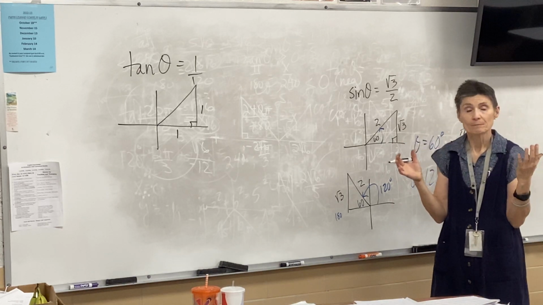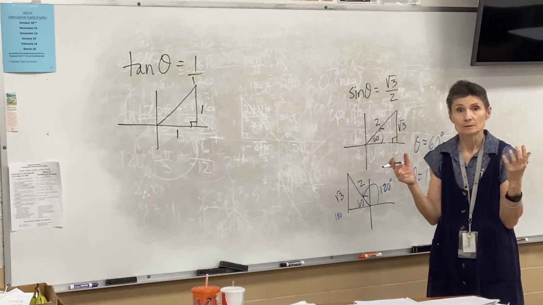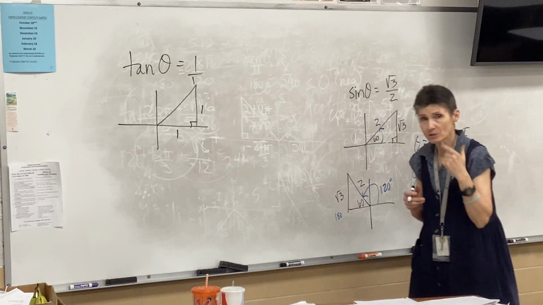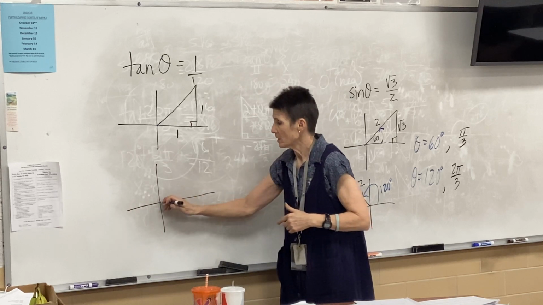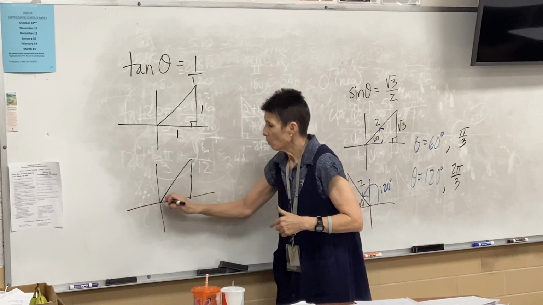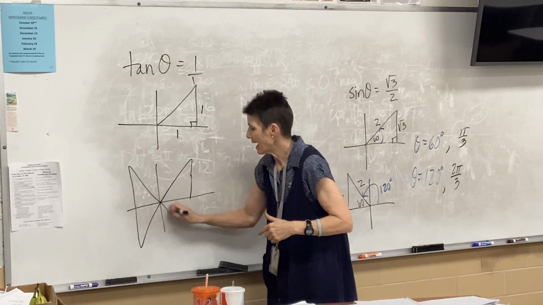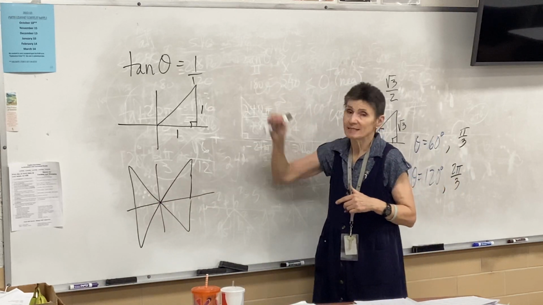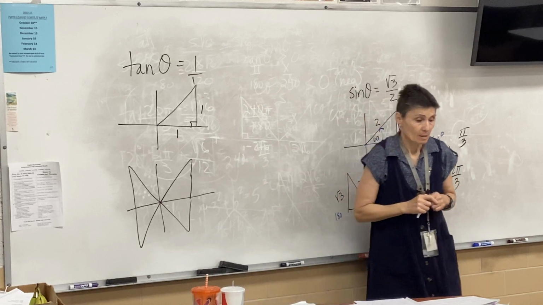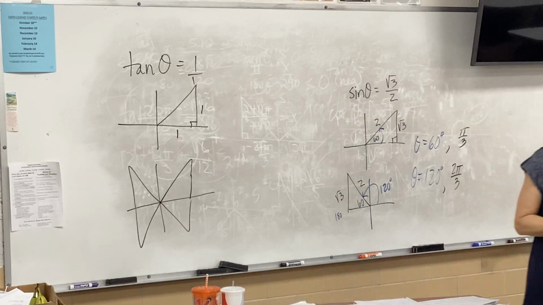Done. Now, here's the tricky part. Where else could I have a triangle where opposite over adjacent turns out to be 1?